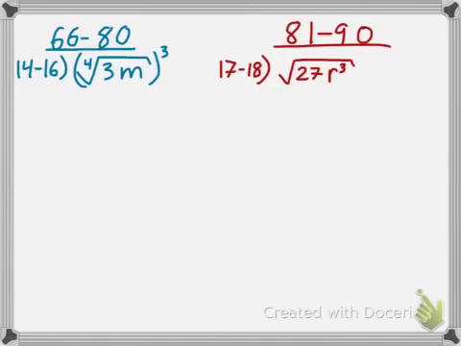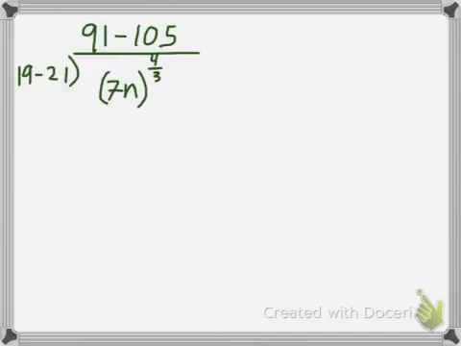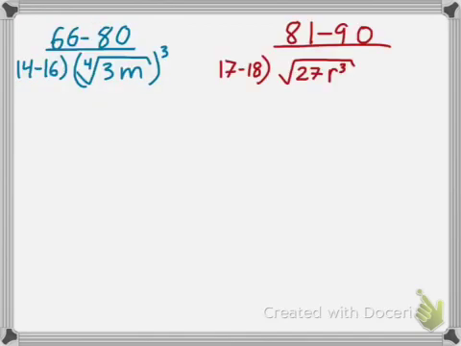Great. Move on to the next two, and I think we just have one more after this. Yep. Alright. So this one and the last problem all do kind of the same thing.